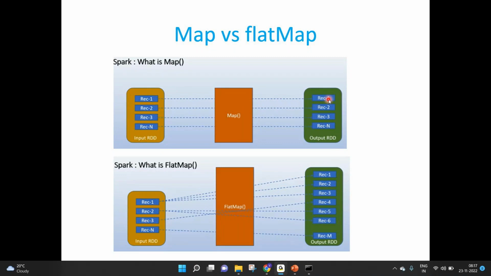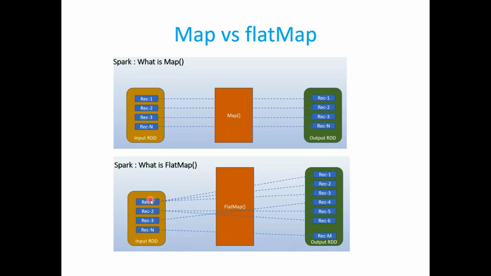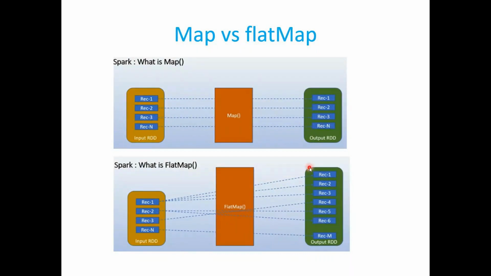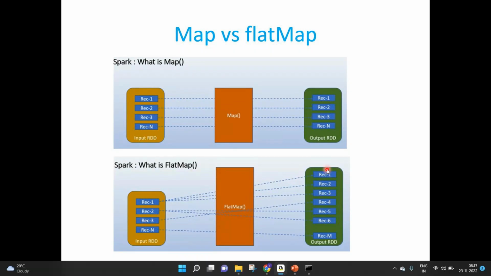But in case of flat map, for every input element, there could be more than one output element. This is with respect to flat map. Whereas coming to map, for every input element, there will be exactly one output element.